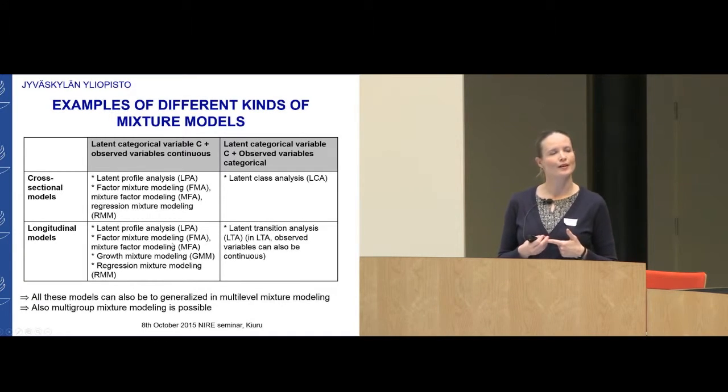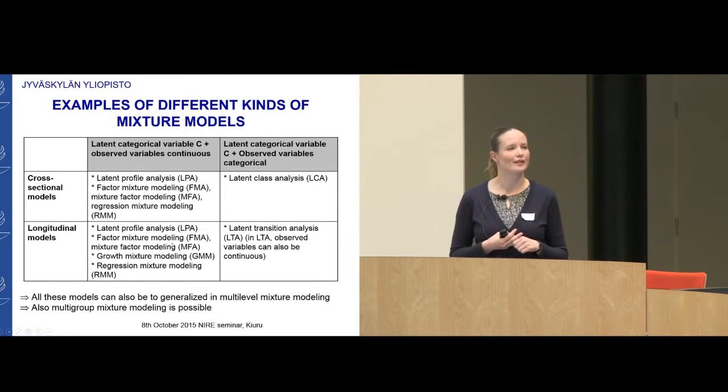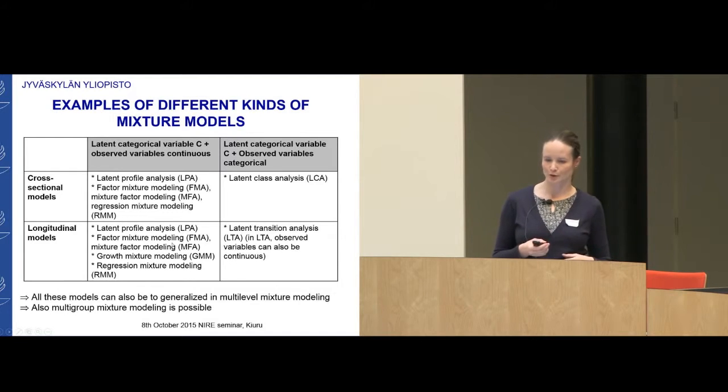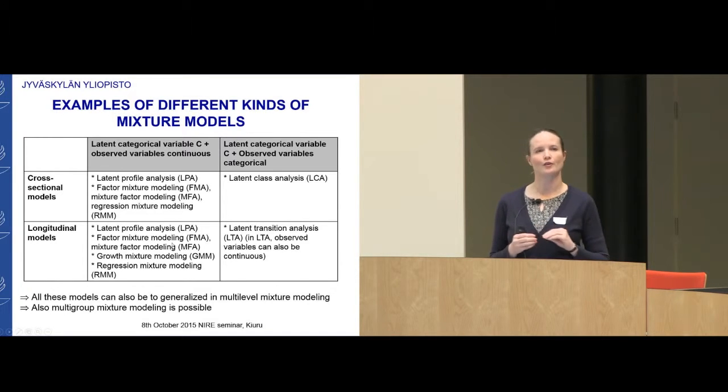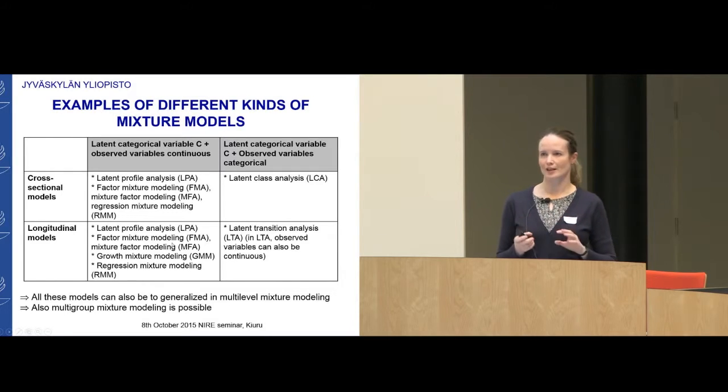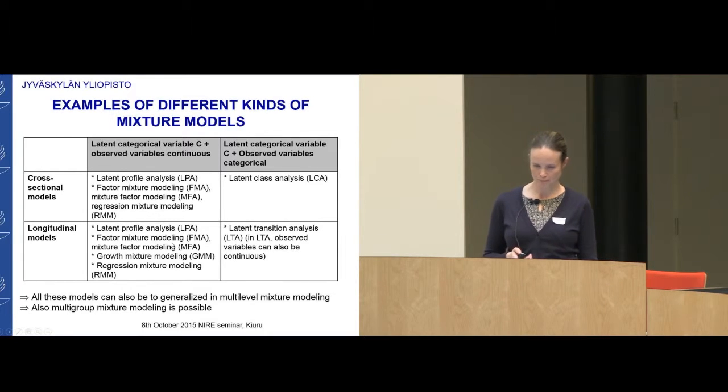If you start with too complex a model, then probably you will end up in problems. So it's better to start with simple and add complexity step by step. Like for example, first try to identify subgroups based on mean differences, and if that seems to work, maybe there might be differences also in variances, and see what happens.